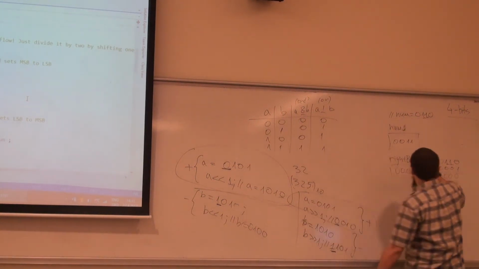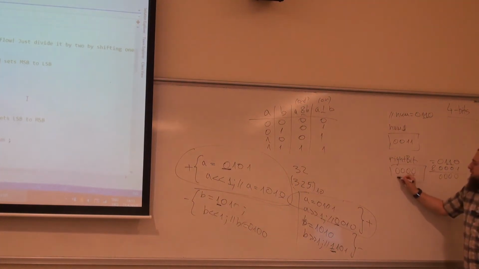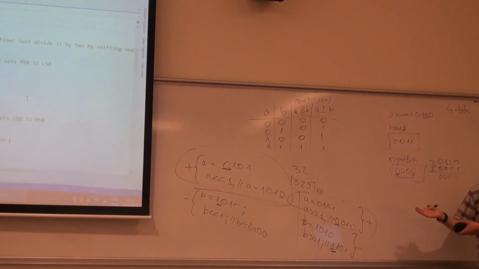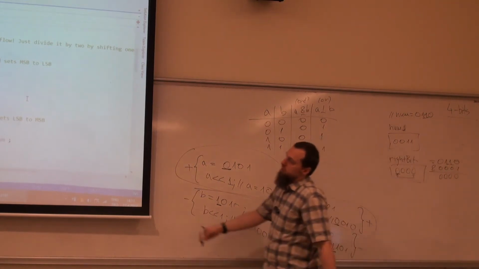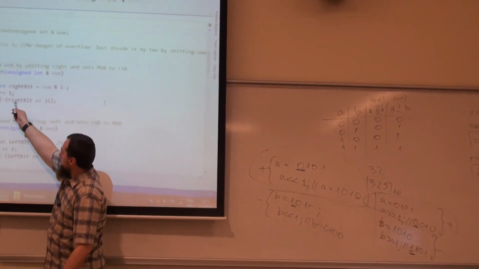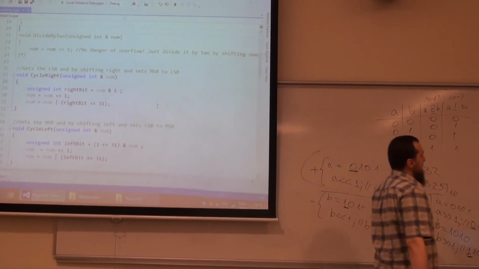Now I want to append the rightmost bit, which came from here, came here, but it's all zeros, to here. That's why I shifted the right bits 31 times, and I'm finding the bitwise OR.